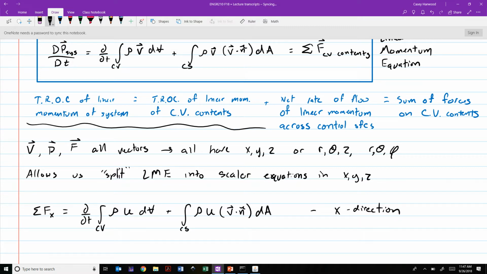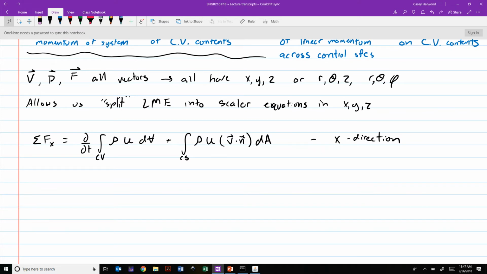This is linear momentum in the x direction. And similarly in the y direction, we would plug in v, or the y component of the velocity.